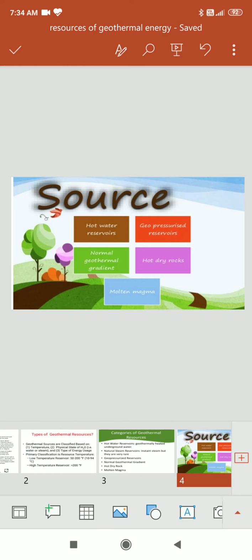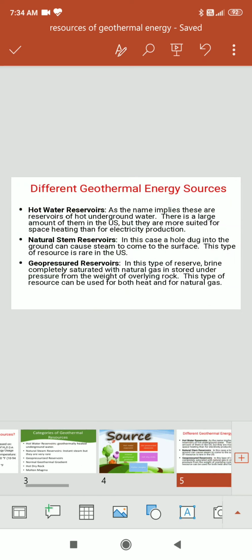Hot water reservoirs: reservoir means a storage of water. As the name implies, these are reservoirs of hot underground water. There is a large amount of them in the US as well as in other countries, but they are more suited for space heating than for electricity production, because I already said the temperature is below 94 degrees, above 10 degrees.